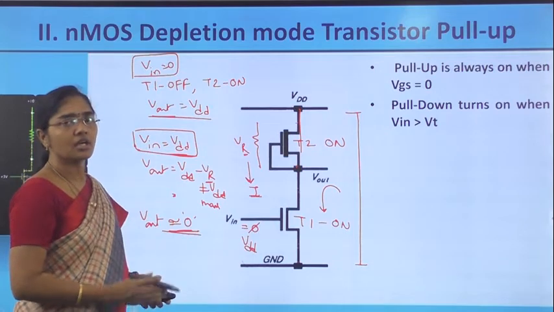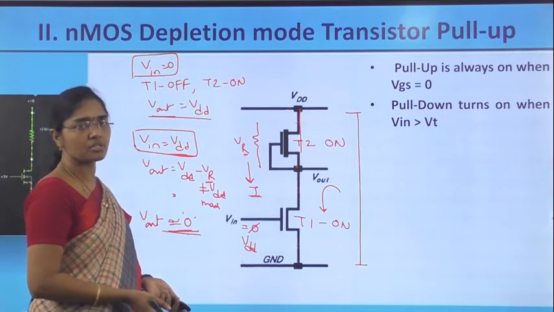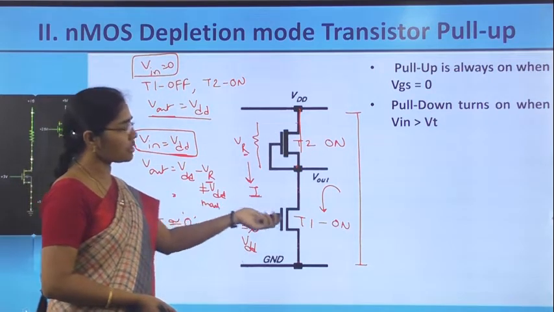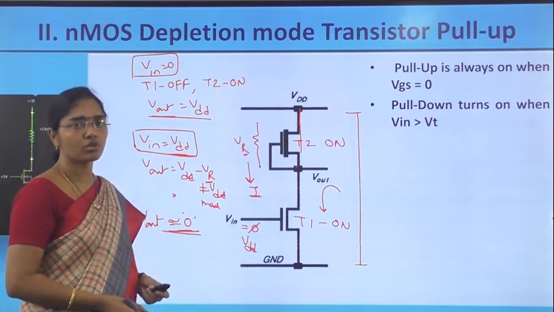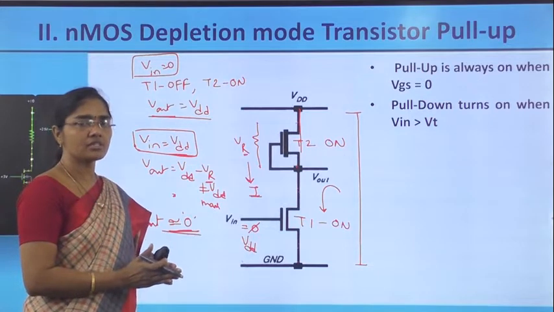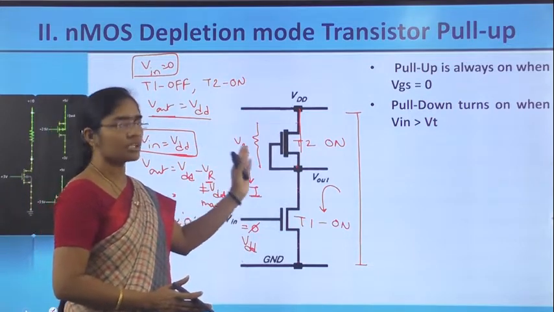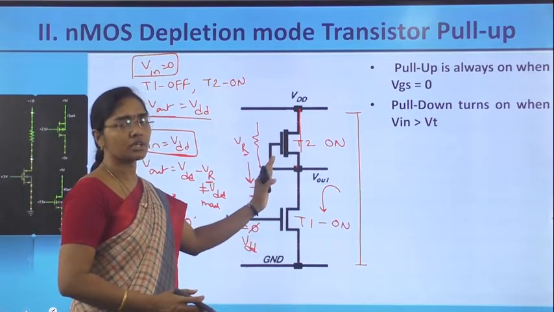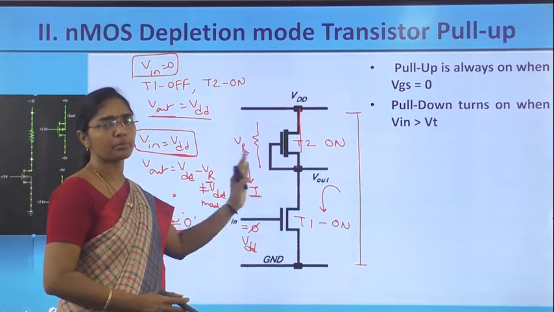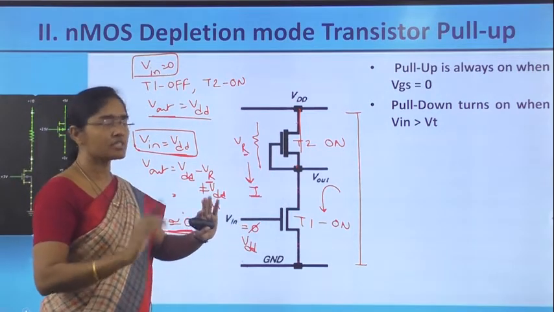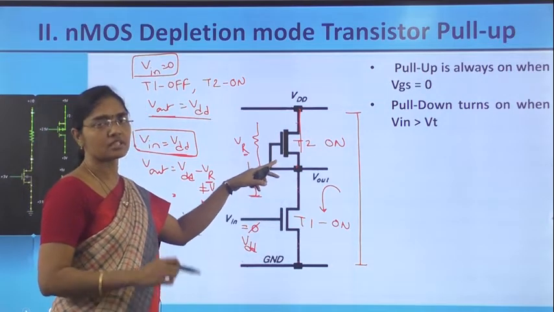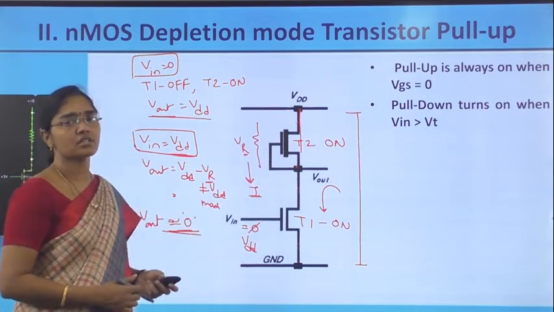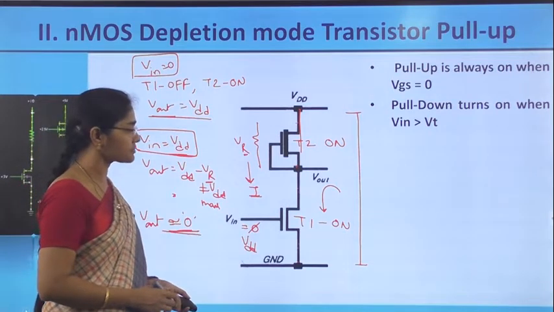Because of this, higher power dissipation is the problem. The same problem exists in the inverter with resistive load also. In behavior, the resistive load and this inverter with NMOS depletion mode pull up are the same, but the only difference is the area occupied by the transistor is less compared to the resistor in IC versions.